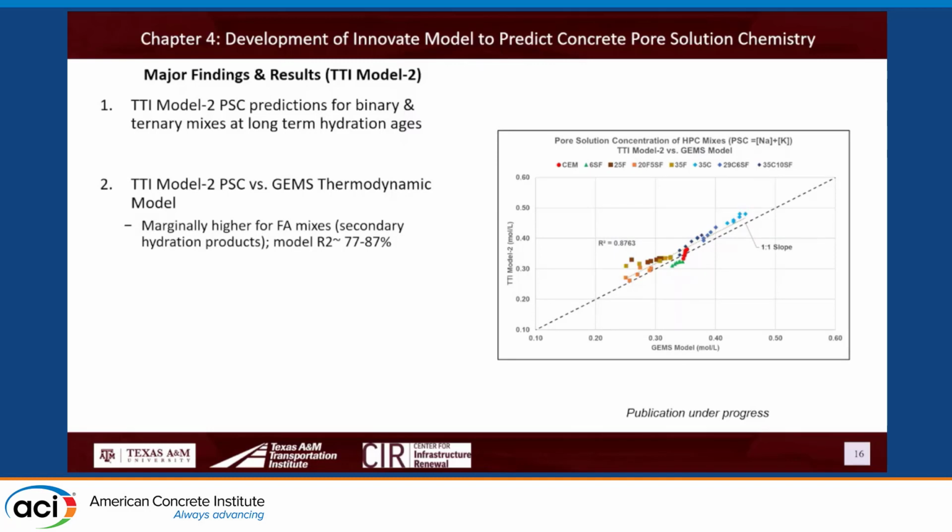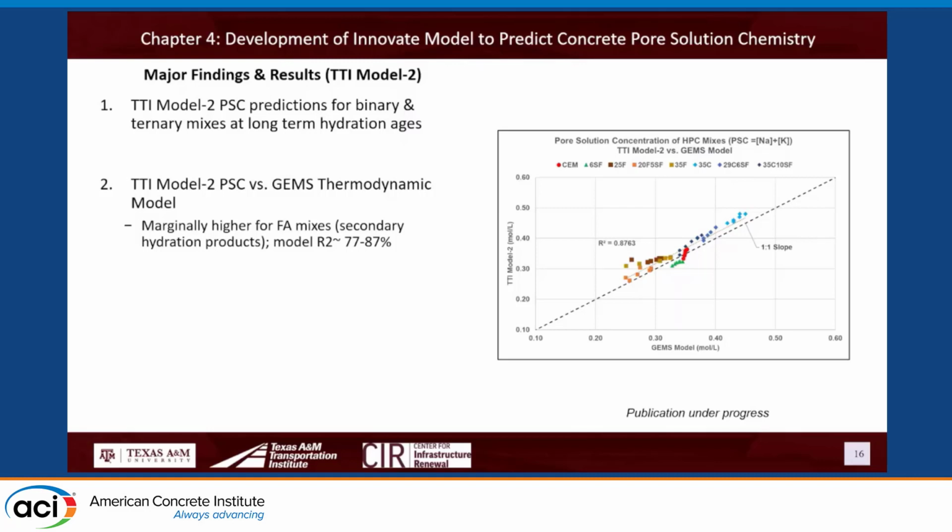Overall, when we compare it with the GEMS data, we are having around 77 to 87% accuracy. Now here the question is, I have seen some models when I attended other machine learning and AI talks where you can have much higher accuracy. Yes, it's definitely possible, but in this case, we are already dealing with a test that has low reliability.